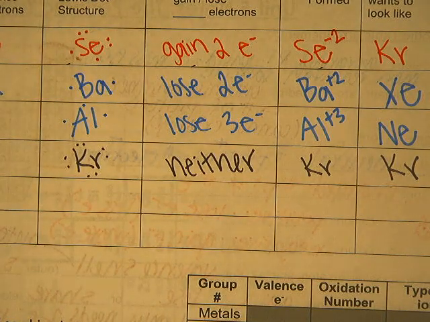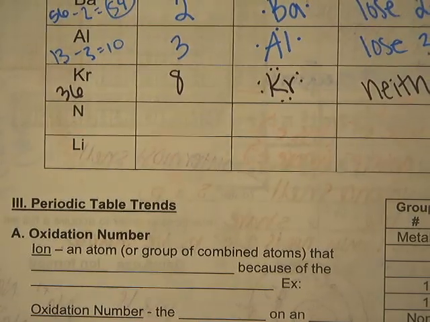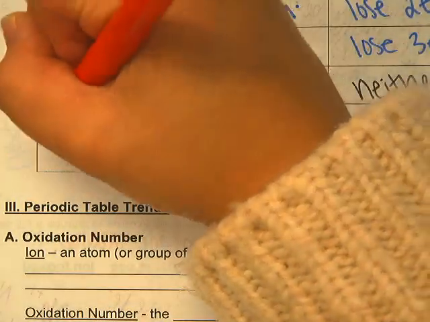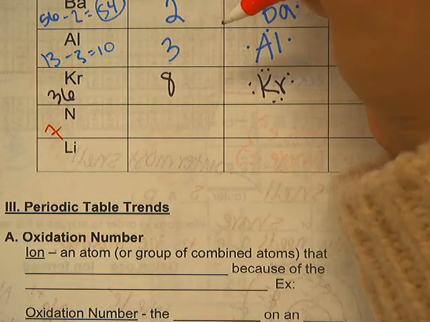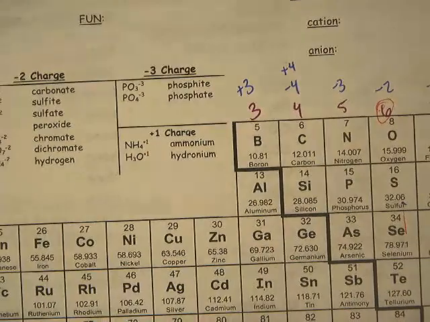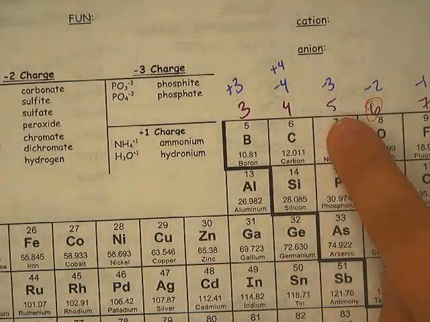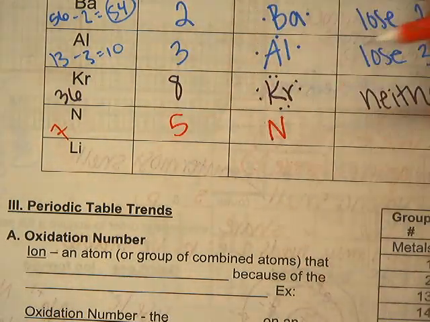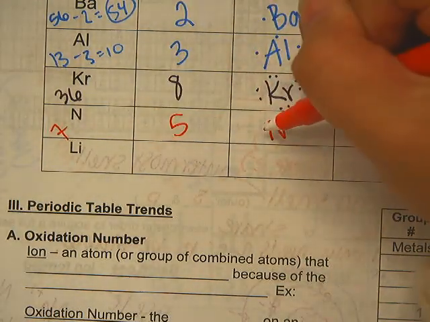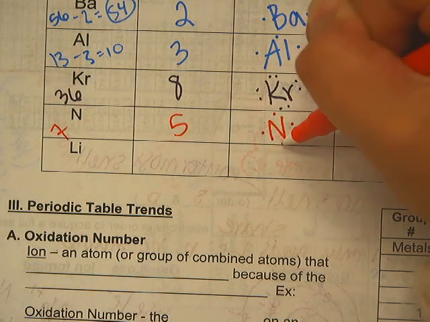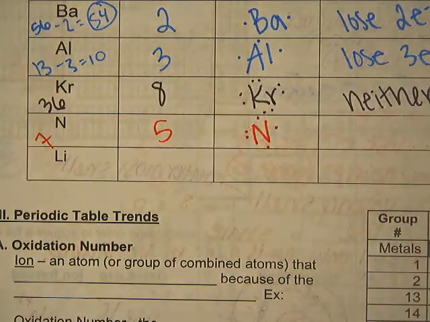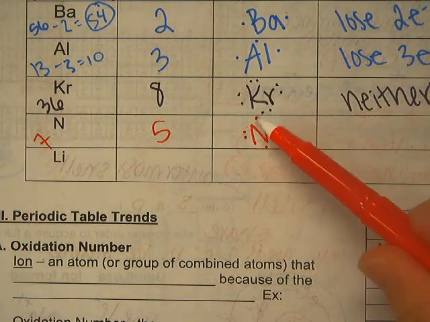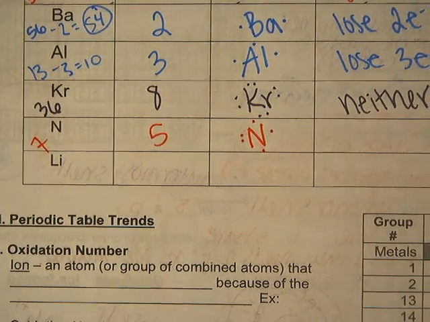The next one is nitrogen, N. That is atomic number 7, according to our periodic tables and the column that it's in. Nitrogen has 5 valence electrons. So its Lewis dot structure, we would have 1, 2, 3, 4, 5. What would I want to do to become stable?